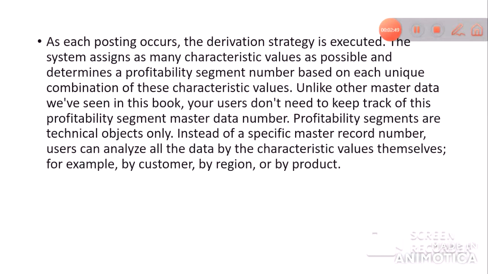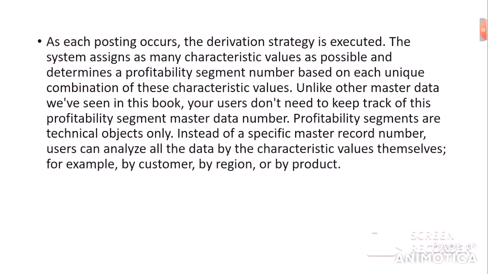As each posting occurs, the derivation strategy is executed. The system assigns as many characteristic values as possible and determines a profitability segment number based on each unique combination of these characteristic values.